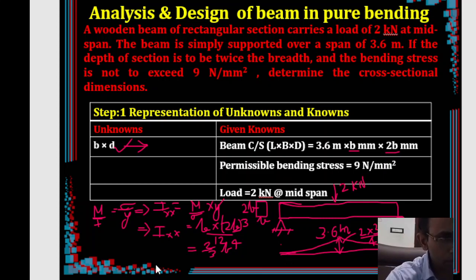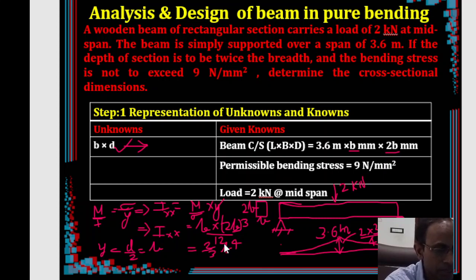So you have everything now. What is y? Y is y max. In the depth direction, you can put d by 2. D by 2 is nothing but b. So everything you substitute, you can straight away get your value in terms of b, because everything you can convert.